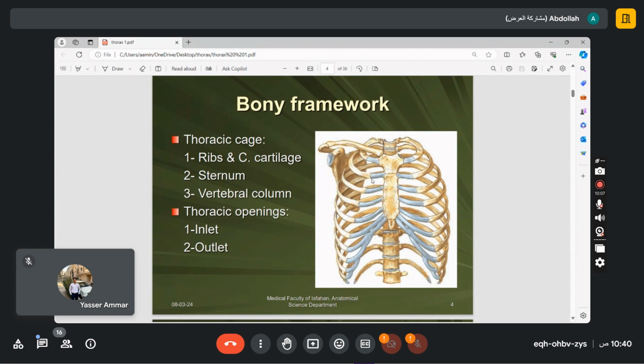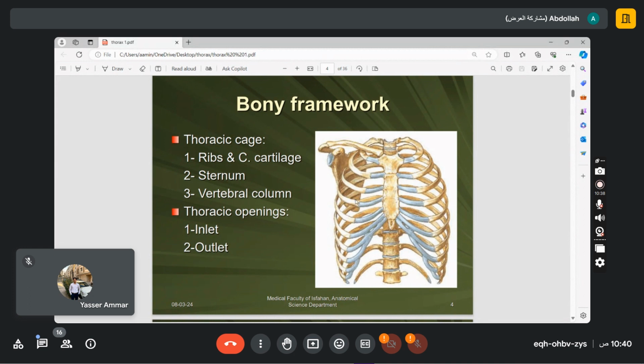And the sternum, located on the anterior side, and the vertebral column, located on the posterior view. Sternum, vertebra, ribs and their cartilage form the thoracic cage that supports the heart inside it.